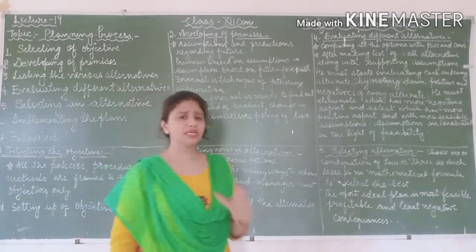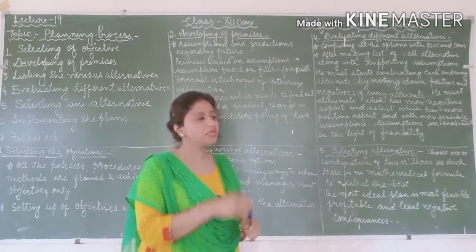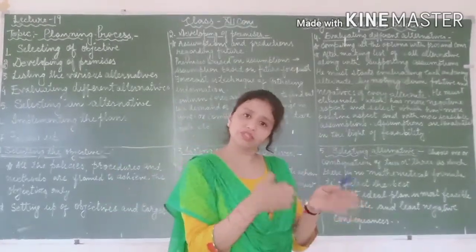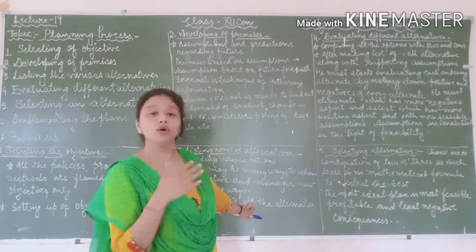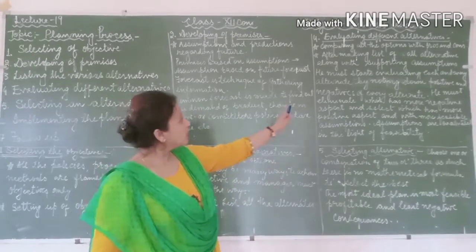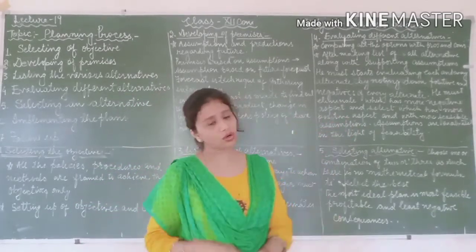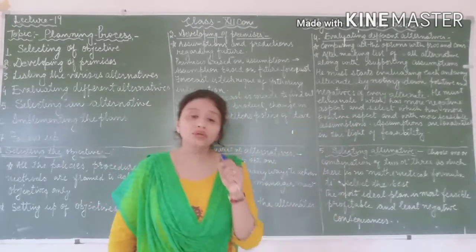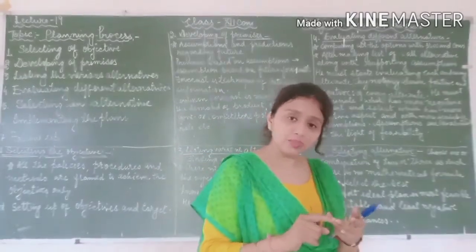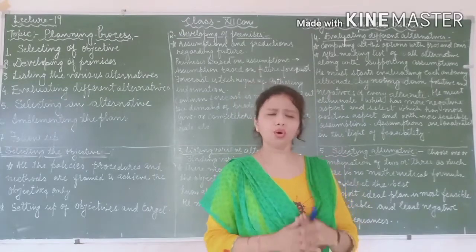What do you mean by evaluating all the alternates? It means comparing all the options given in the list. Okay, after making the list, he has to note down all the negative and positive aspects of all the alternates.